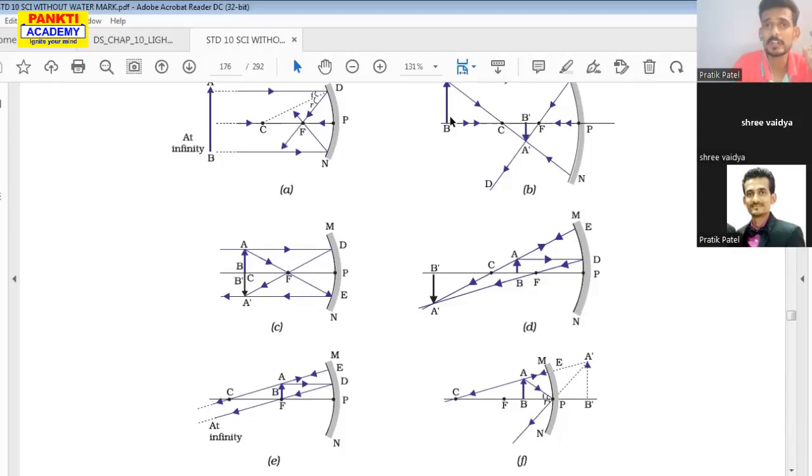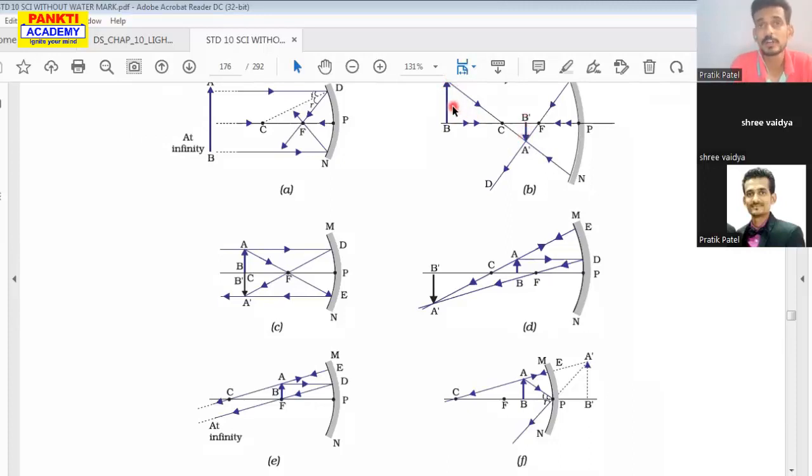But in the second figure, B is here and A, so this is the height. You take the height as positive, and A dash B dash is the image.